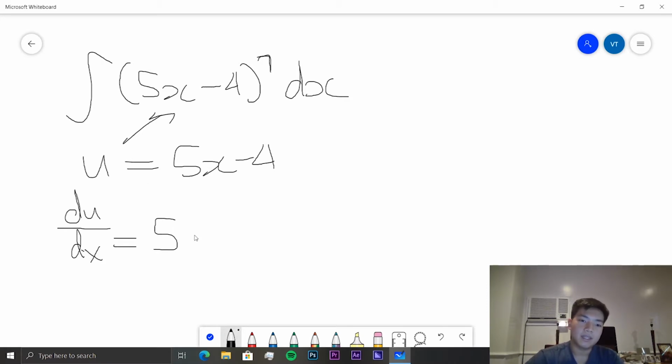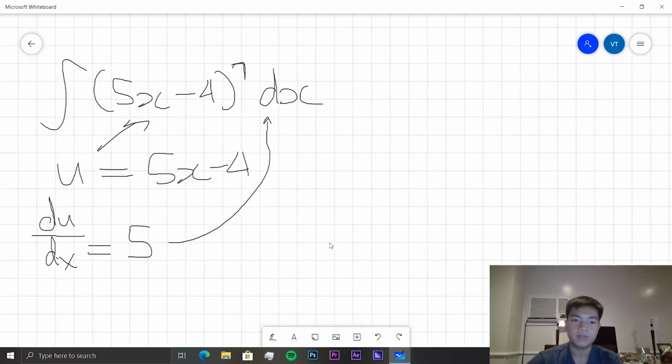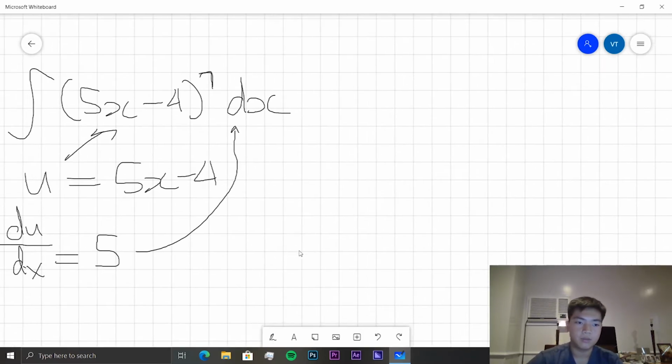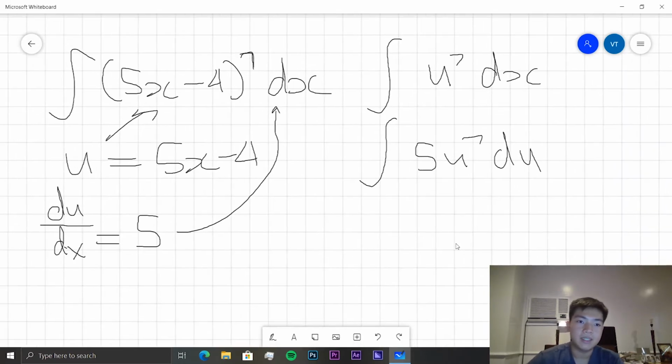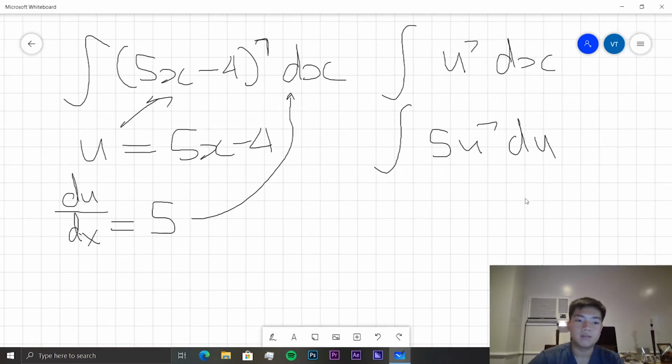And the smart part is that we can multiply this to the original one, and convert this equation in terms of u. So this is, of course, u to the 7 dx. If we multiply this entire thing by du over dx, we get 5u to the 7 dx over du. And so now we simply need to integrate with respect to u.